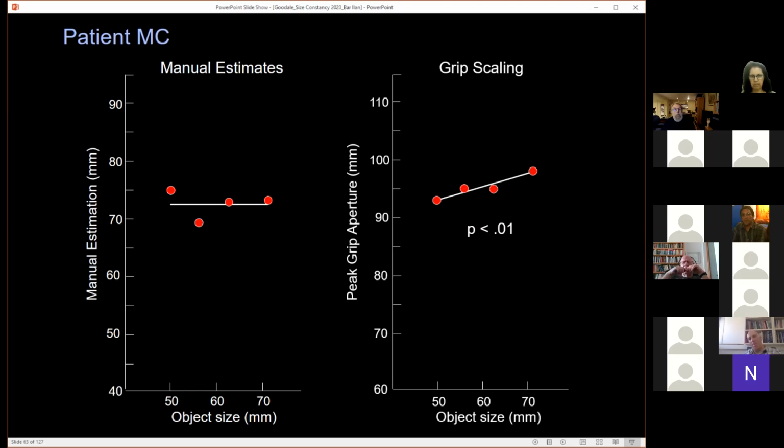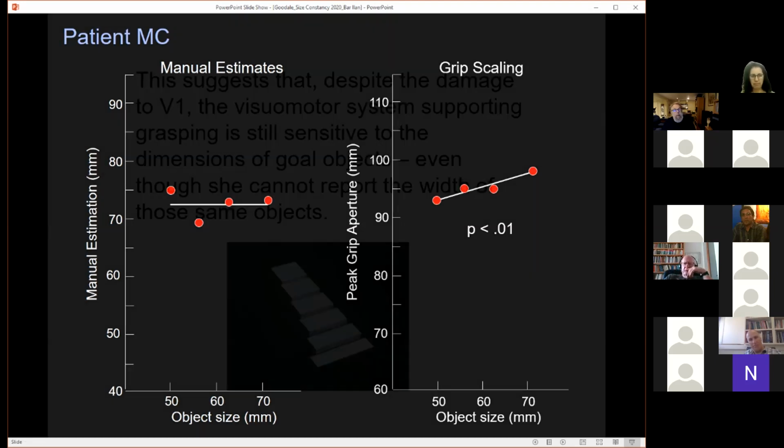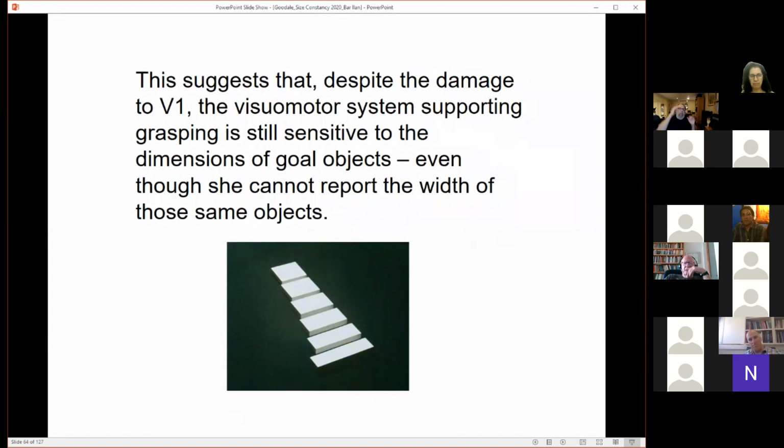She opens her hand wider for fatter objects than she does for narrow objects. So that suggests that despite the damage in V1, her visual motor system is somehow supporting grasping that respects the dimensions of objects, even though she can't report their width.